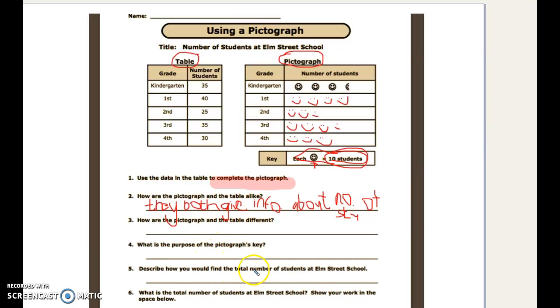How would you find the total number of students at Elm Street School? If I need to know the total number of students at the school, I need to add them all together. Okay? What is the total number of students at Elm Street School? Show your work in the space below.